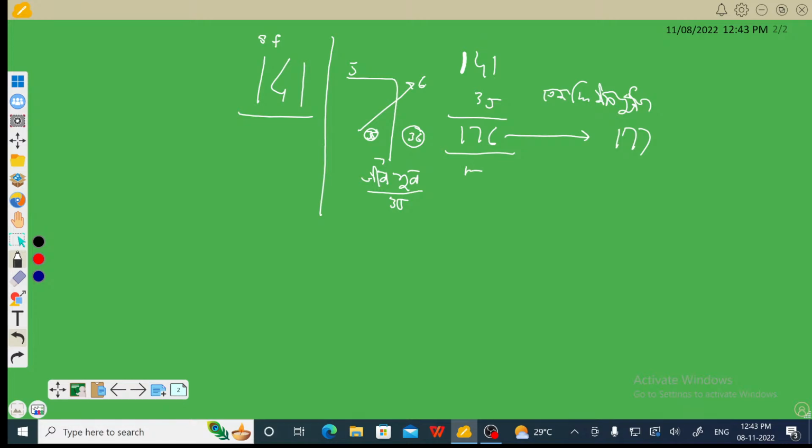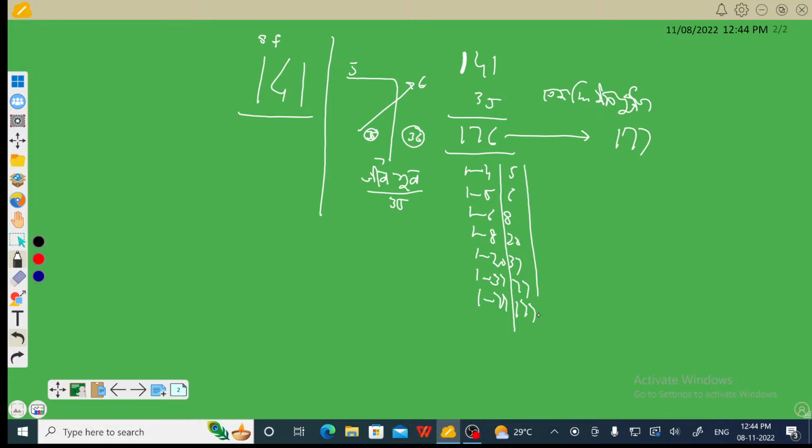We know 1 to 4 has 5 factors, 1 to 5, 6, 1 to 6 has 8 factors, 1 to 8, 20, 1 to 20, 37, and 1 to 37, 77, and 1 to 77 as 177. See the sequential reach at first step, second step, third, fourth, fifth, sixth, and seventh.